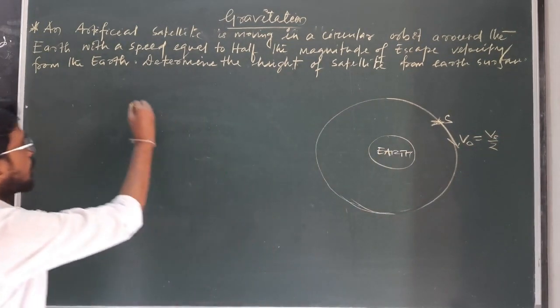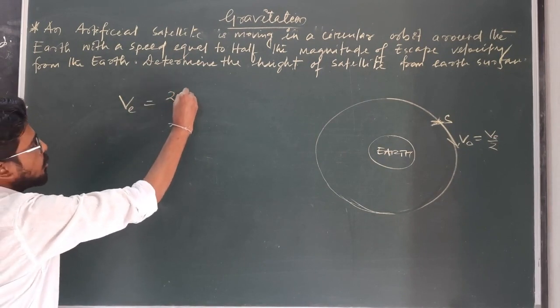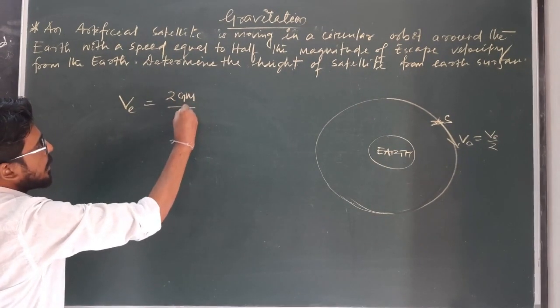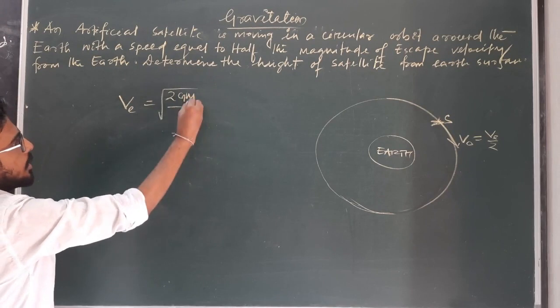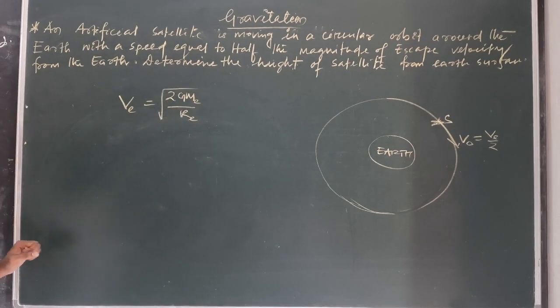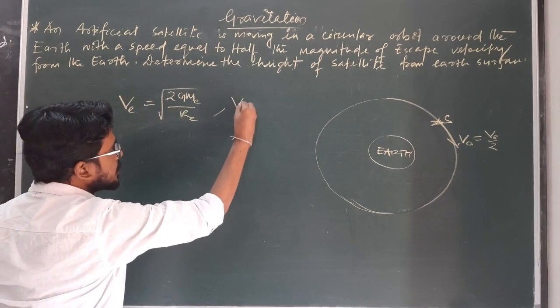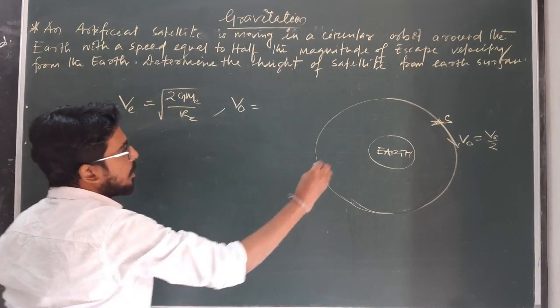And we know the expression for escape velocity from earth's surface, that is under root of 2GM by R, where M is the mass of earth, let it be Me, and this is the radius of earth, Re. Clear? And what is the expression for orbital velocity of a satellite revolving around a planet?